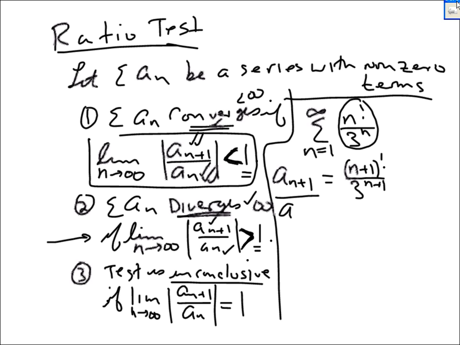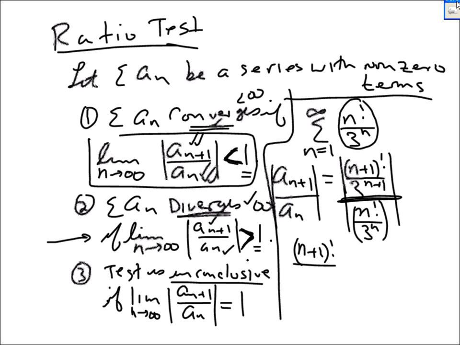And a sub n is n factorial over 3 to the n. But in division, if the numerator or the denominator of the fraction don't divide, keep the numerator the way it is, n plus 1 factorial. Well, actually, we want the absolute value of this, sorry.